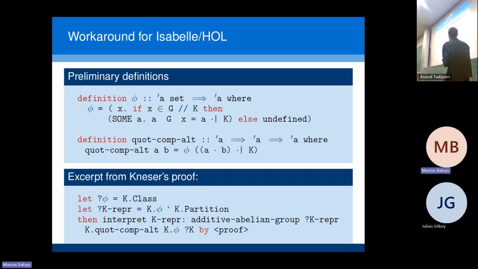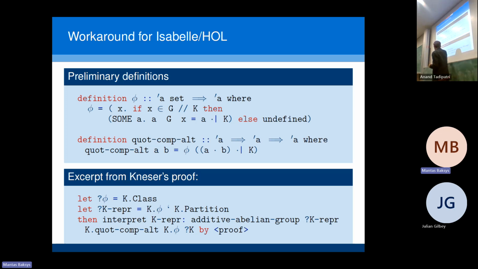And then we define another group law. So in this case, in our formalization, it was called quotient composition alternative as a placeholder, defined in the usual way, where it just composes the coset representatives. And in the actual proof of Kneser, what we did was we had to reinterpret, and this is something to do with locales that we won't get into in this presentation necessarily.